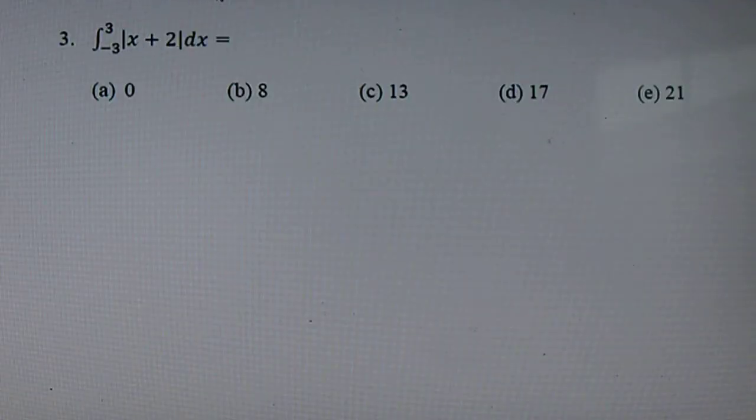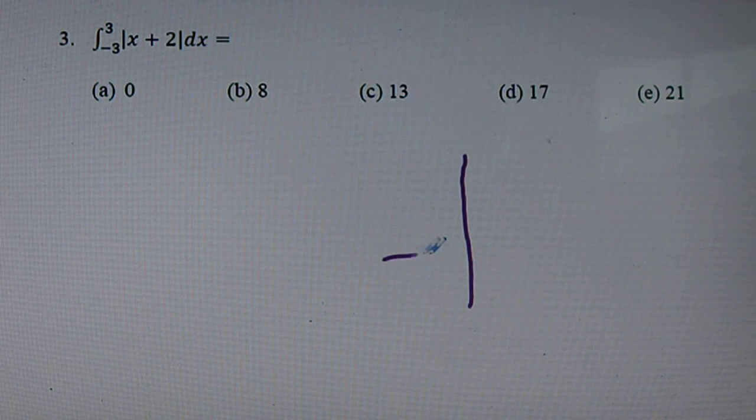What we have to look at is that when you take the integral of an absolute value function, you have some function like this that I'm drawing in blue.